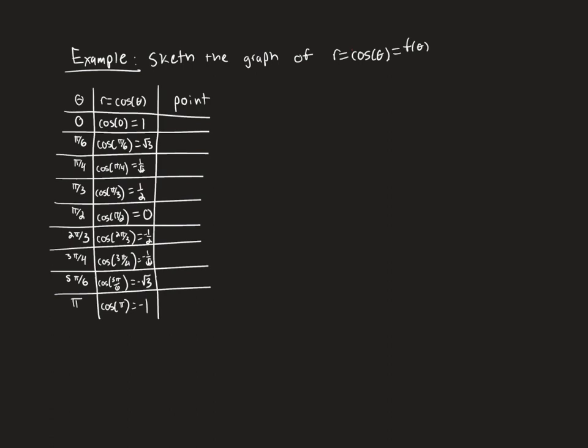So we have the points: 1, 0; root 3, pi over 6; 1 over root 2, pi over 4; 1/2, pi over 3; 0, pi over 2; negative 1/2, 2 pi over 3; negative 1 over root 2, 3 pi over 4; negative root 3, 5 pi over 6; and negative 1, pi.